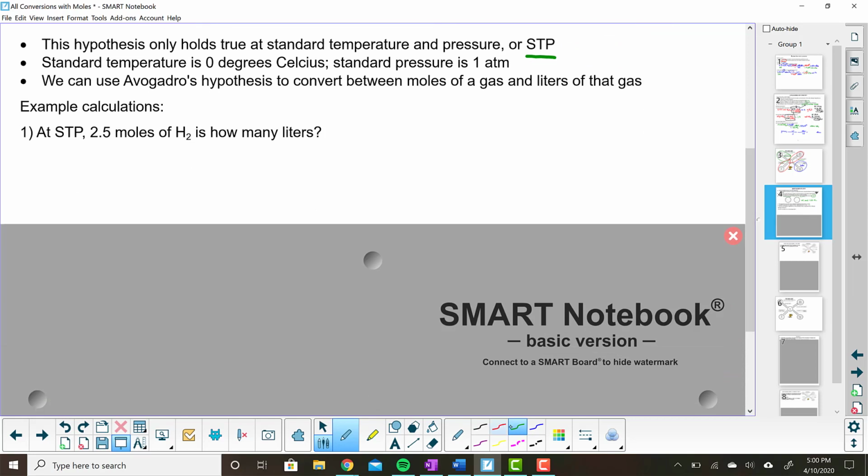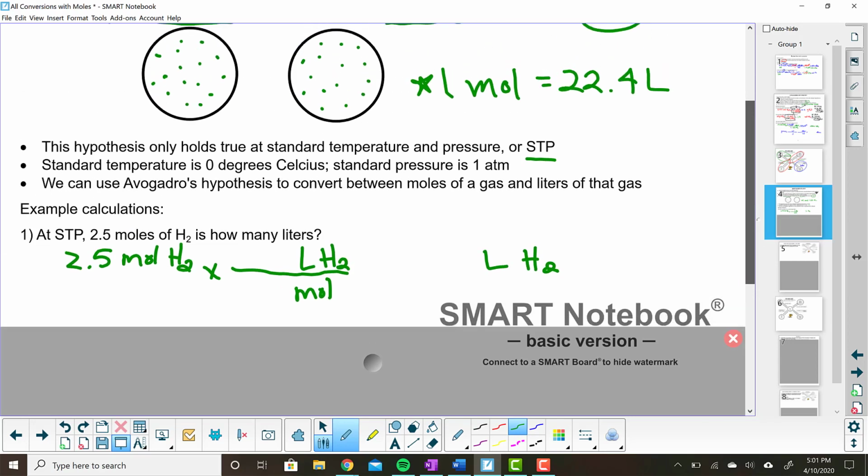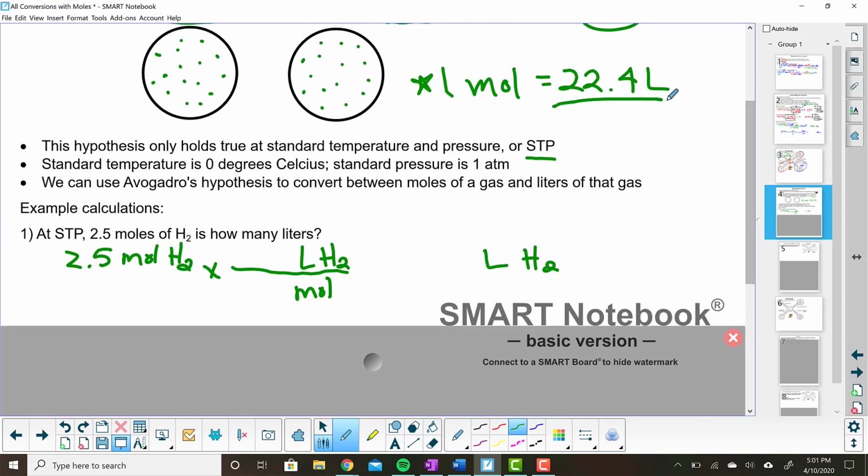For example, if I have 2.5 moles of H2, and I want to know how many liters of H2 I have, I can set up a little conversion. I'm going to put moles on the bottom, liters on the top, and then I just fill in that conversion factor. That 22.4 there, that's how many liters there are in 1 mole.